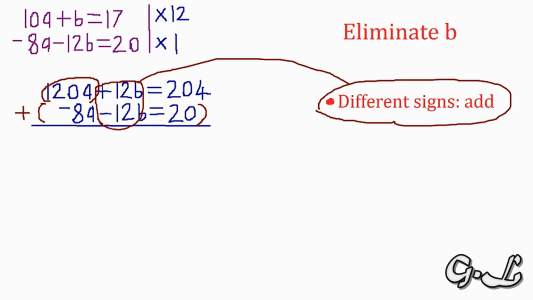So you're going to simply say 120a plus negative 8a.